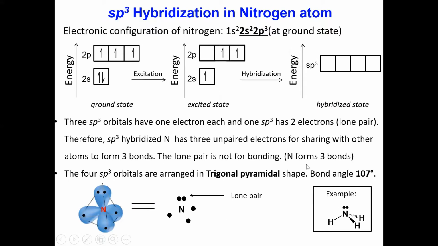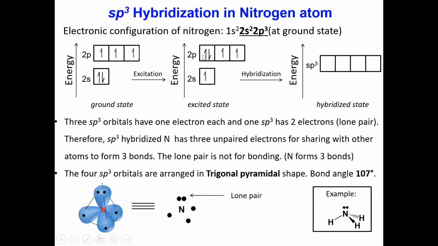And next, we take a look at the sp3 hybridization in the nitrogen atom. The electronic configuration of nitrogen is 1s2, 2s2, 2p3 at the ground state. During the excited state, one of the electrons gets excited and becomes higher in energy.